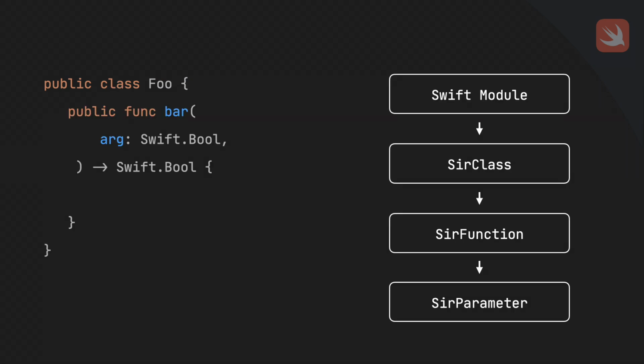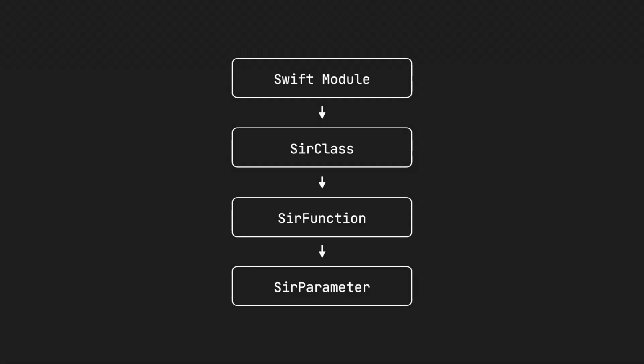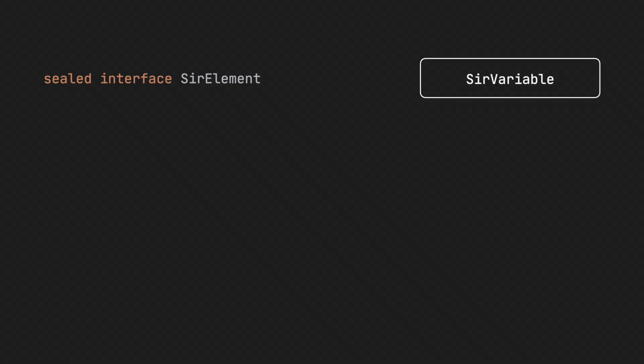So let's take a step back and understand these SIR elements more. So far we looked at examples like this, which is a class with a function, and we built out the SIR tree for it. Underneath the hood in the compiler, each node in this SIR tree is an element type, and it follows a hierarchy that you could look at. Let's look at an example of an SIR node that we haven't looked at, which is an SIR variable. If you're trying to represent a Swift source for a variable, you would use this element.